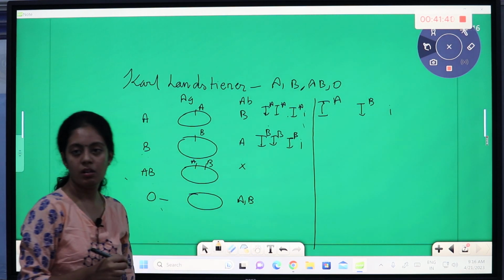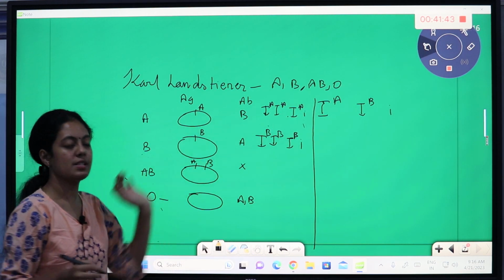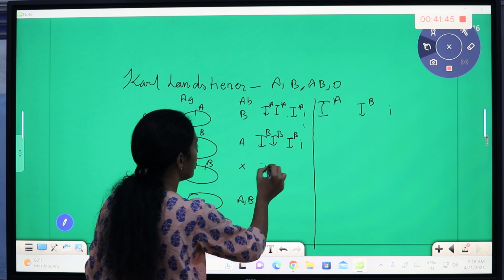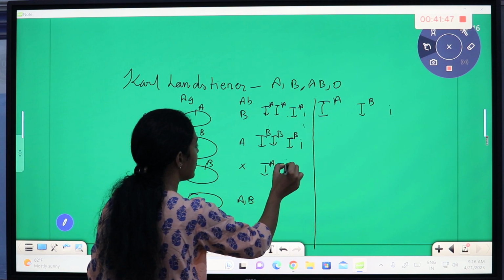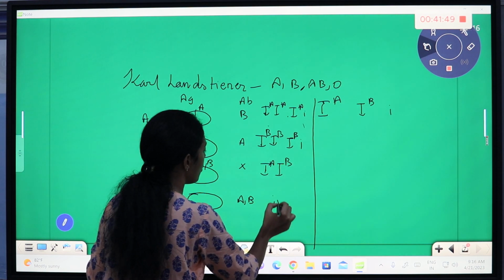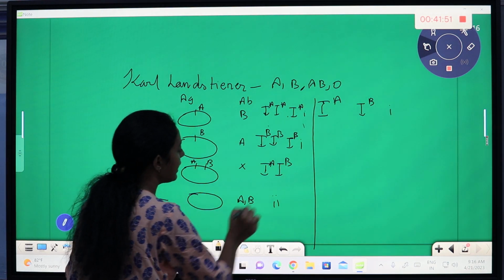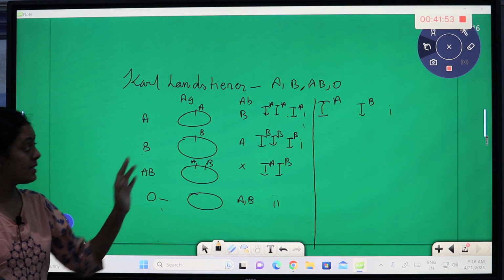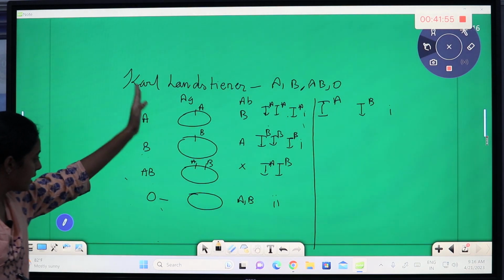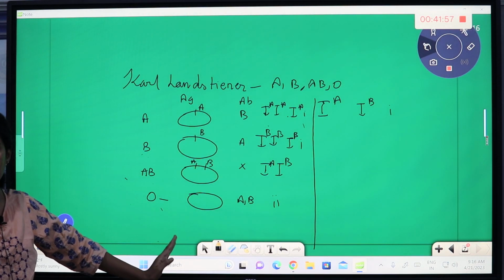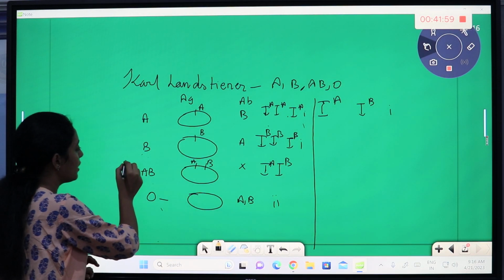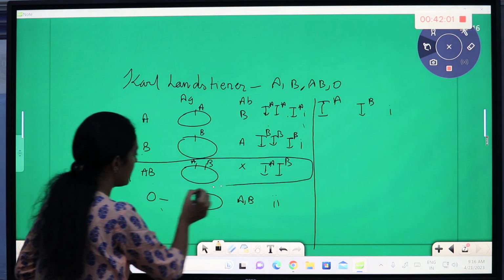Yes or no? Homozygous, heterozygous. Then the person with AB blood group will have IA IB, and the person with O blood group will have i i. Is it clear? These are the genotypes. These are the phenotypes.